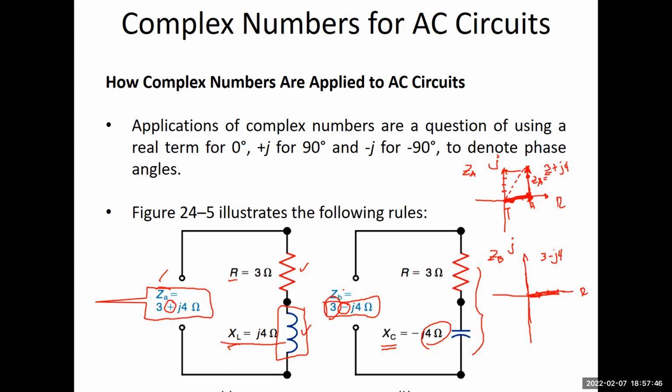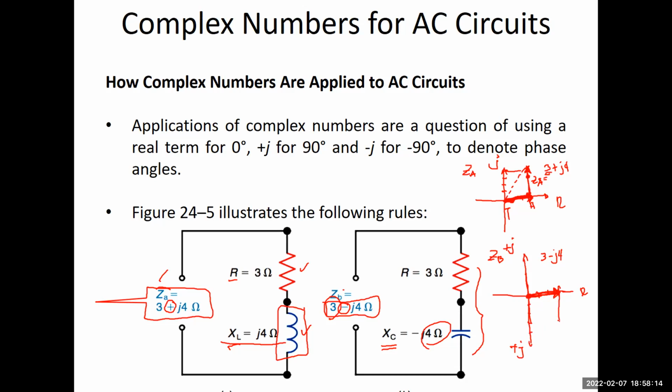So this is now the tail, and the head finishes at 3 units. And then, because this is minus j4, since the upper part is positive J and the lower part is negative J, therefore you have 4 units below. So that is 1, 2, 3, 4.